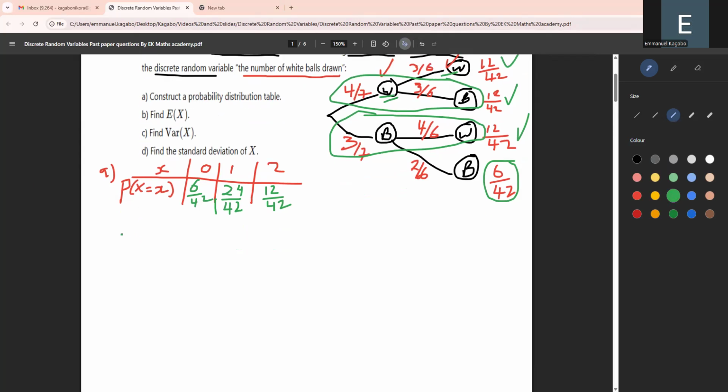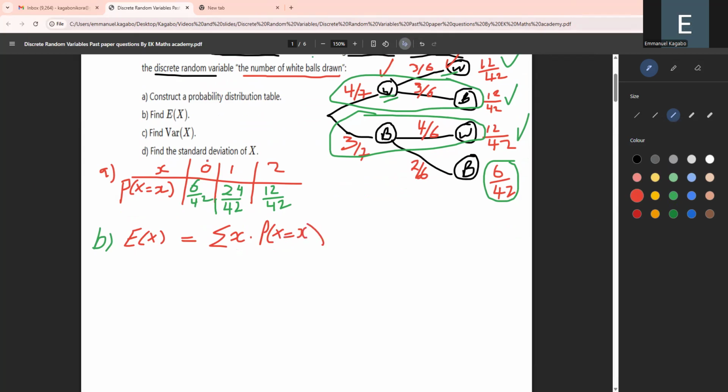Question B. What are they asking you? Expected value. Okay? How do we get expected value? Expected value from the formula, check in your formula booklet, guys. It's given by summation of x times the probabilities of this. That's the formula.